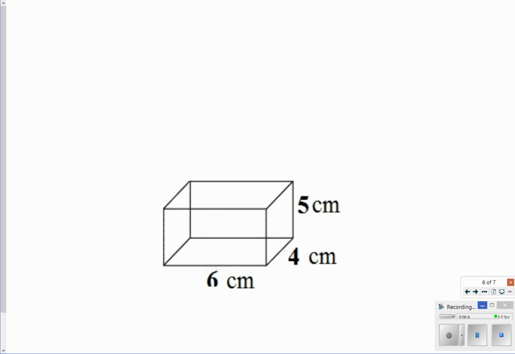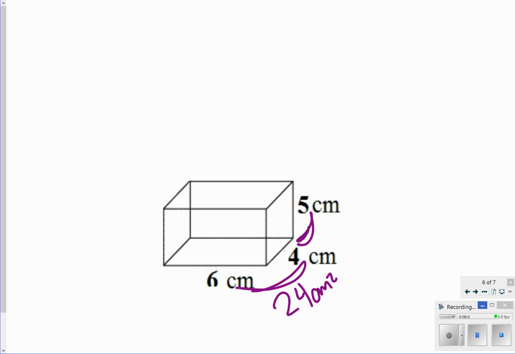Well, I'm going to show you a shortcut, if you'd like to do this. Instead of really determining who is the length, who is the width, and who's the height, and did I get everybody, I'm going to show you a shortcut by just going around in a big circle. So if you took 6 times 4 right here, that would make 24 centimeters squared.